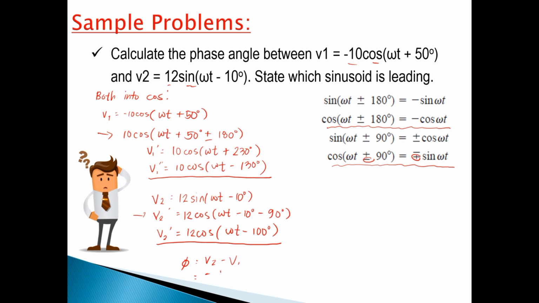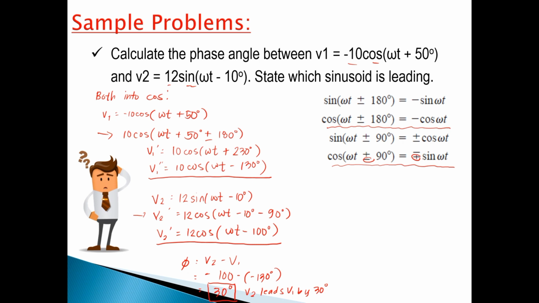That's negative 100 minus negative 130 degrees, and that is equal to 30 degrees. Therefore, our V2 leads V1 by 30 degrees.